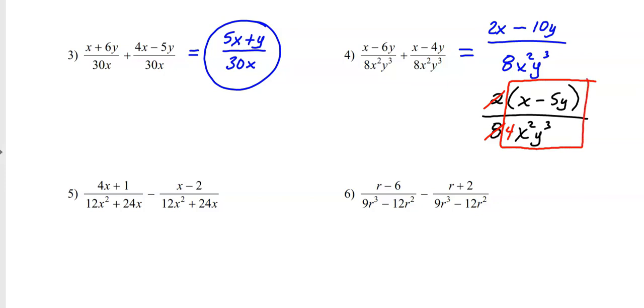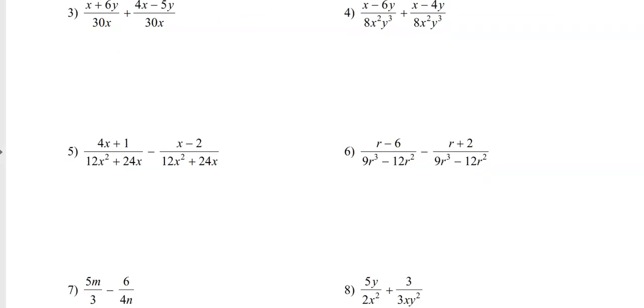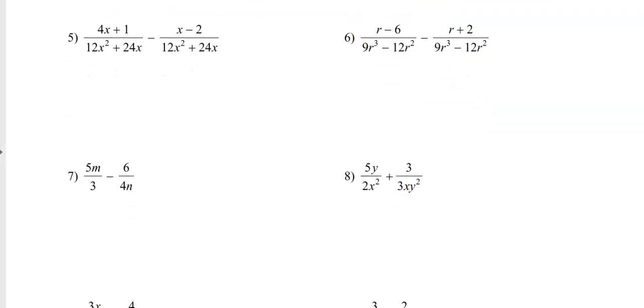We're all good. All right, let's go down a little bit more. Again, still in like term category, so let's do a couple more. On bottom, I keep the bottom the same, but I'm actually going to factor that.